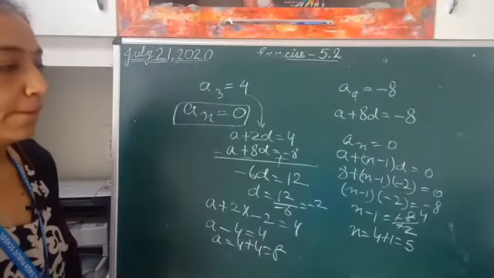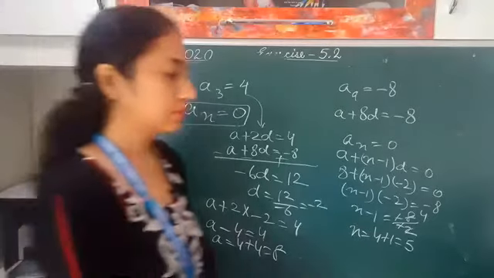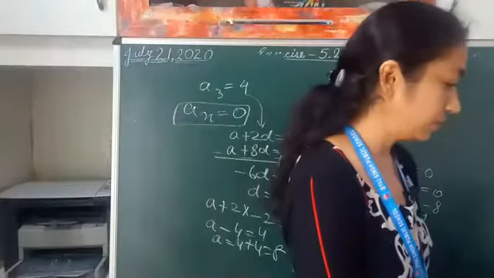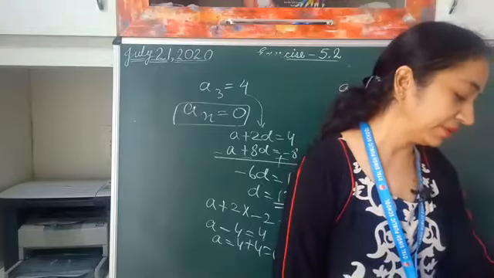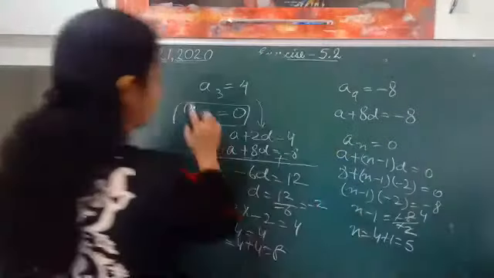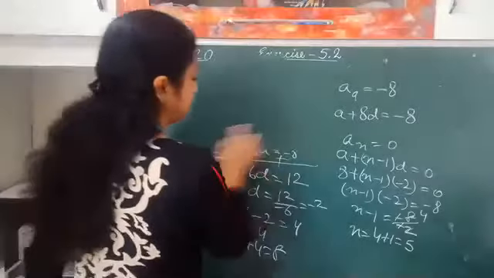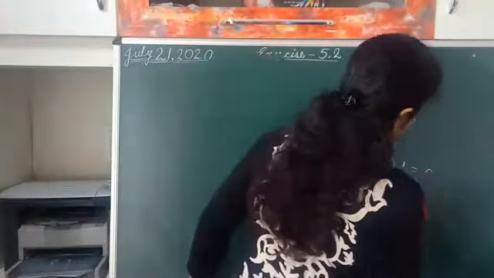No, ma'am. Okay, चलिए proceed to the next. Let me come to the next question. Your next question is: 17th term of the AP exceeds its 10th term by 7. A17 minus A10 is equal to 7.